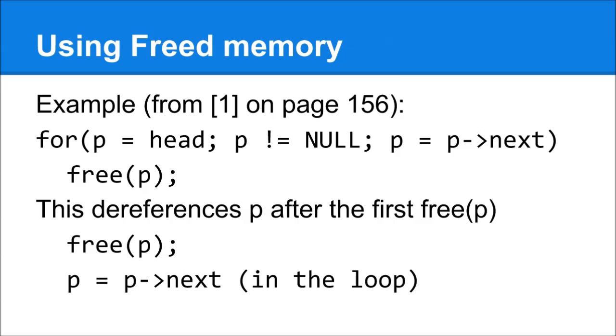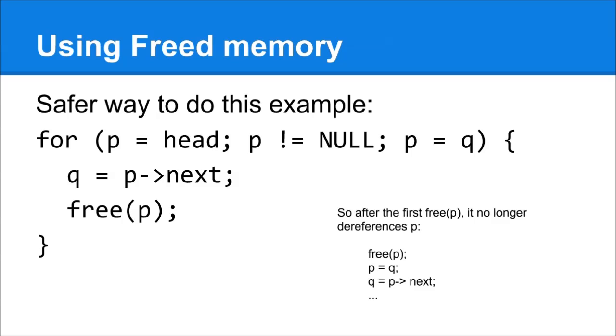The first thing it's going to do is free P, but the next line of code that's logically going to execute is to set P equal to P, which has been freed, next. So this dereferences something that's been freed, and it's not safe. The safer way to do this is to use 2 pointers, a temporary one, and go about it this way. Does it make sense?